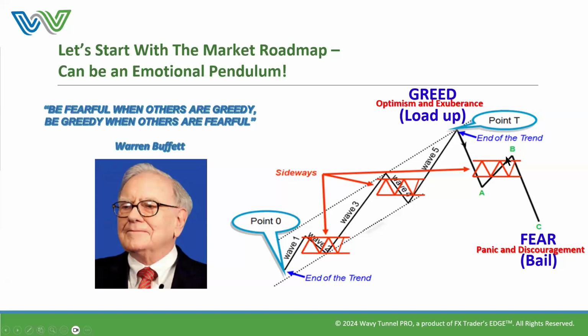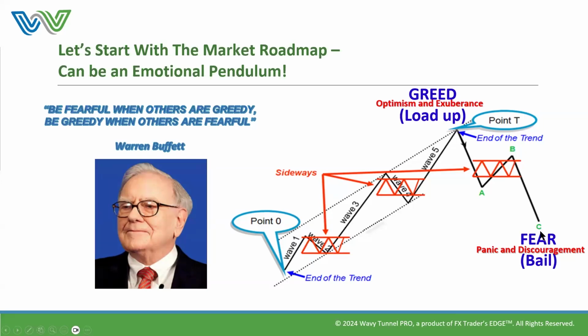We have a dramatic move down. So we have the initial move down for an A wave, and then we have a B wave, and this can be a sideways move or merely a retracement of this leg. And here traders are thinking, I have to go long again. That's called the wave B bull trap. I have to go long again. And then what happens? This is what happens.